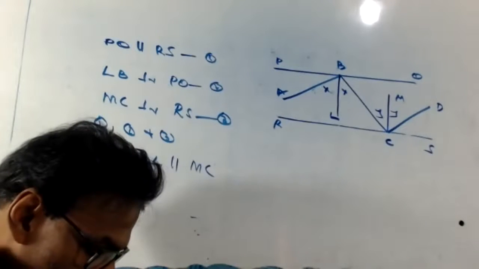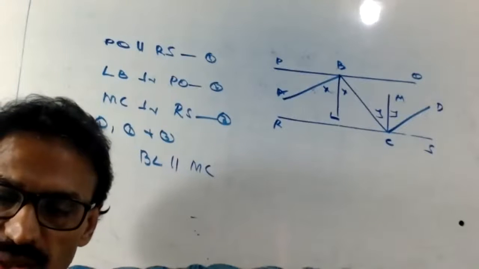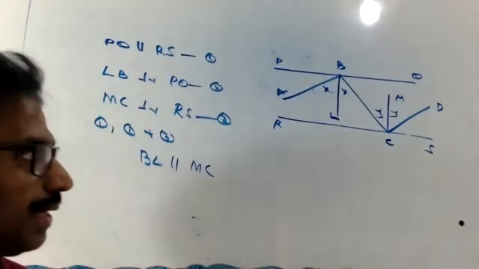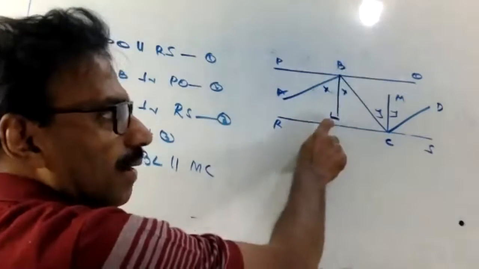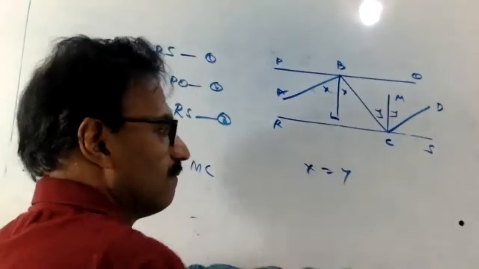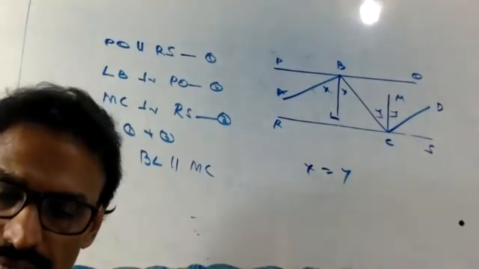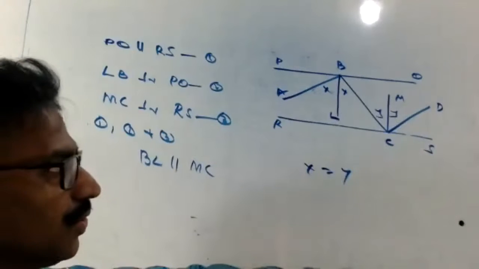Correct or no? But BL parallel to MC, therefore X equal to Y. Reason? Alternate angles. Correct or no?